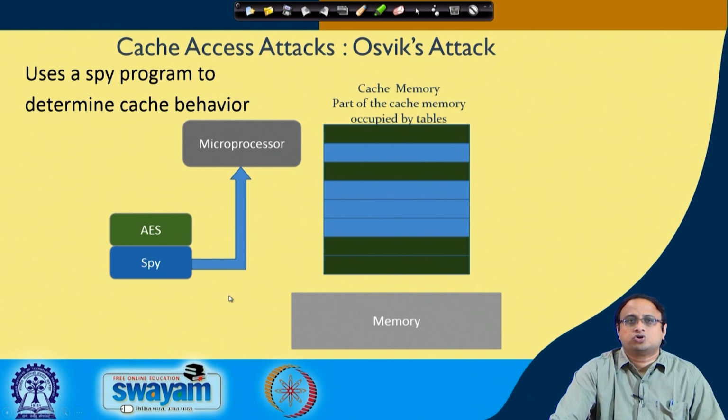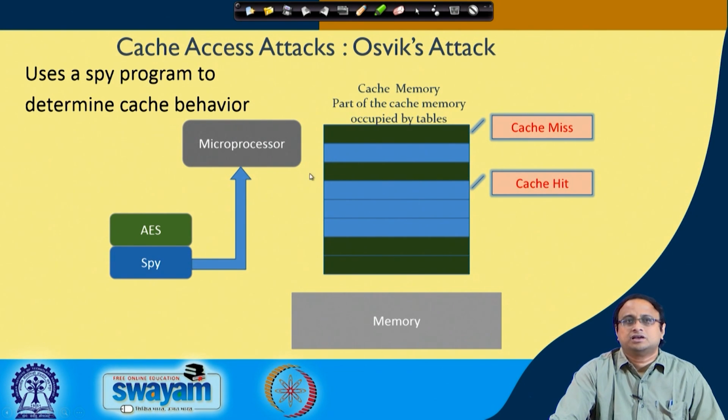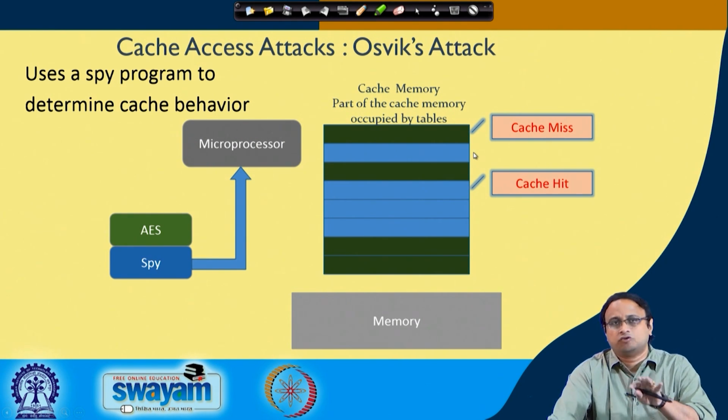If the spy finds that the time is more, then it will suspect that there is a cache miss, which means the AES has evicted those locations from the cache memory. Therefore it gives us the footprint of the AES execution, where AES executed and where it did not.